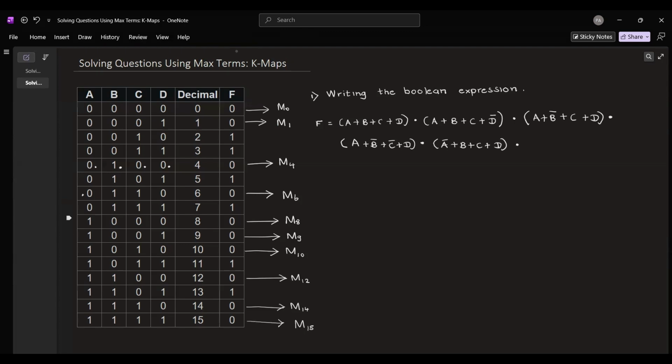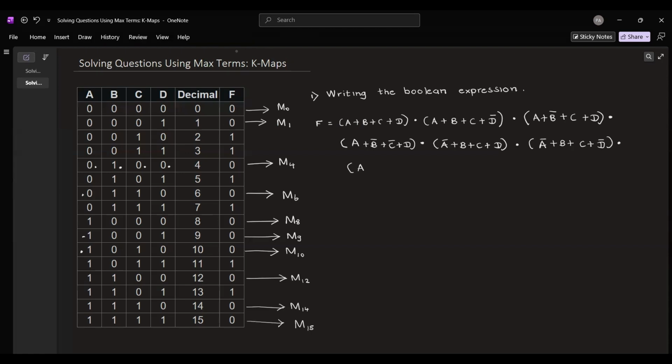And then we are going for M9 now. So A bar plus B plus C plus D bar into, we are now going to M10, which is this one.